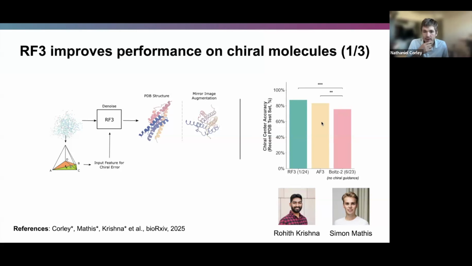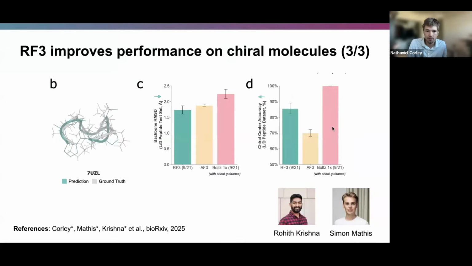The result of all of this is that on our test set, we end up performing better than all models on chirality. The other interesting piece to note is for bespoke applications, because we went through this whole song and dance because there are actual applications where this matters. One example is macrocyclic peptides, which are an important therapeutic class of molecules.